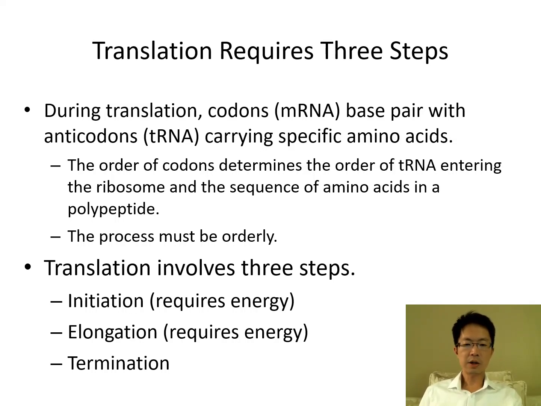So during translation, the codon on the messenger RNA, this is very important, base pairs with the anticodon, which is on the transfer RNA. Transfer RNA carries a specific amino acid according to the anticodon code.